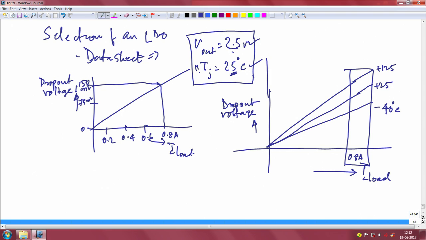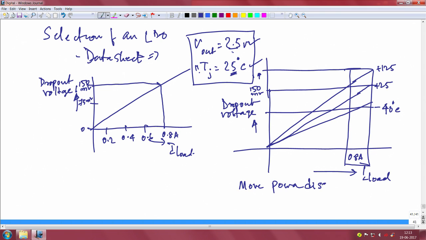So, now you see, put back the numbers you know very well, this is 150 millivolt from the previous result. You can see now this has gone up, which means there is going to be more power dissipation across the LDO.